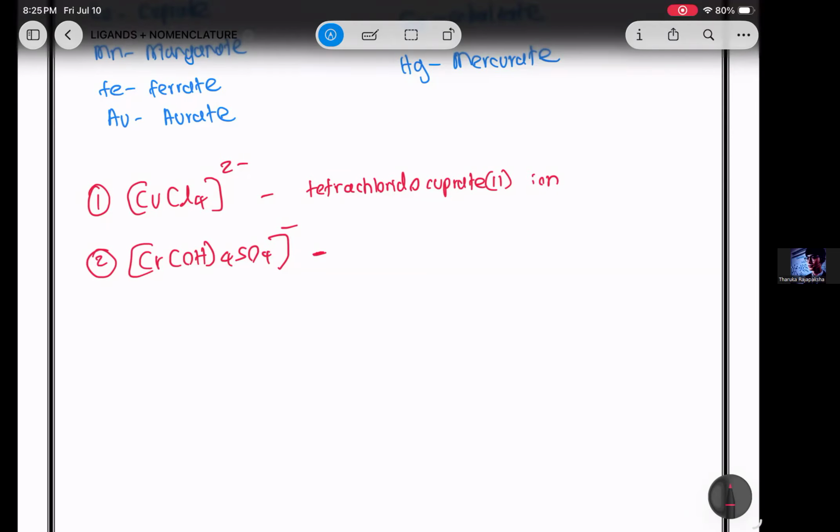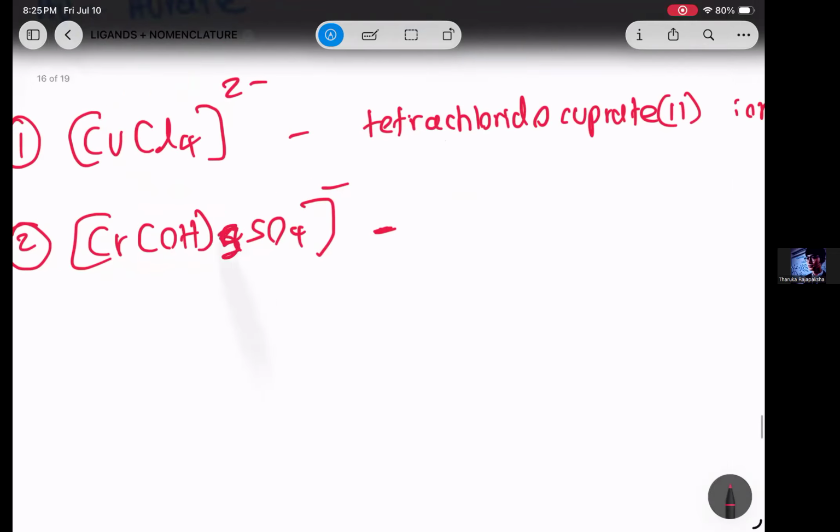Second one has only 5 hydroxide. So what is the answer for this? Now you start off with hydroxido.